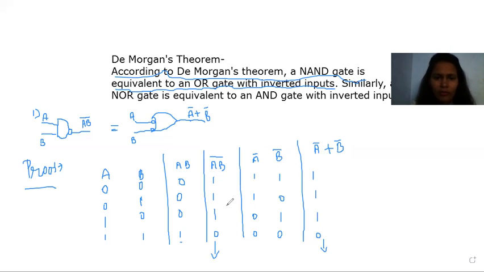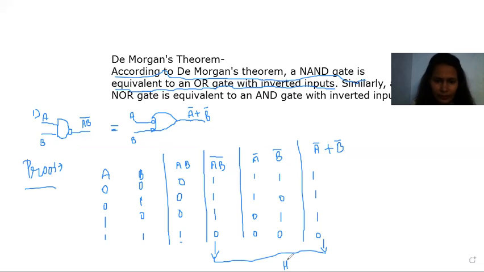The values in this column and in this column are same. So we can say that the statement of De Morgan's theorem is proved. So according to the statement of De Morgan's theorem, a NAND gate is equivalent to an OR gate with inverted inputs.